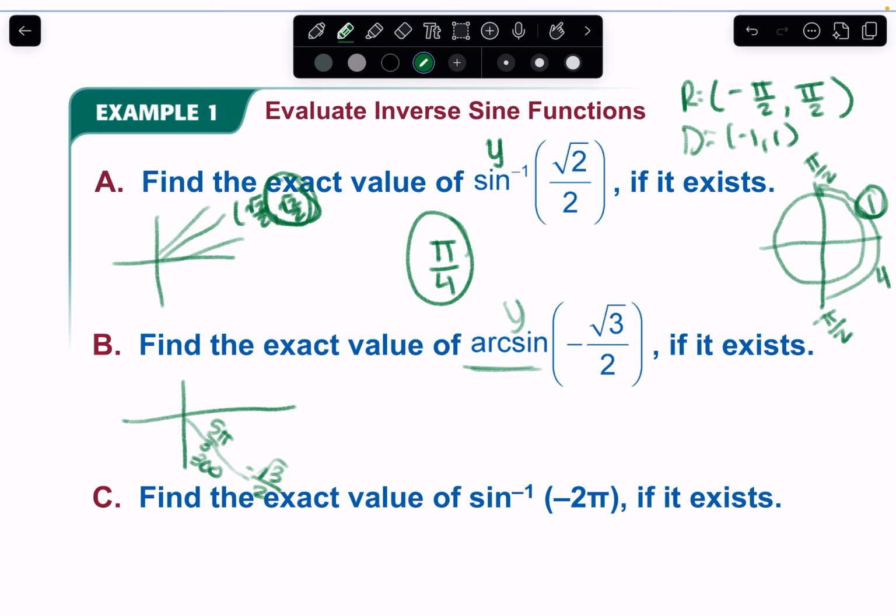You cannot use that point because it is not in the domain of -1 to +1. So what is going to happen is this line right here is going to reflect up and is really the same line as your 60-degree line. The radian measure at that is pi over 3, but because I reflected it up, I would need to make it negative, so my answer would be negative pi over 3.